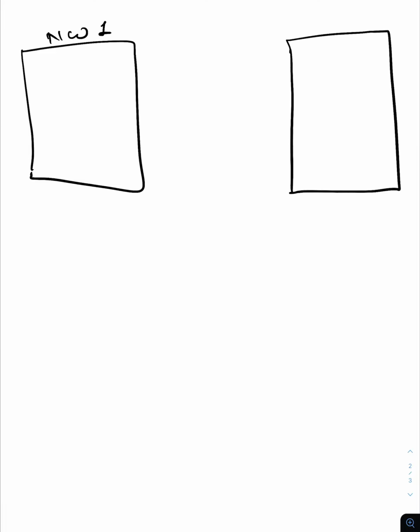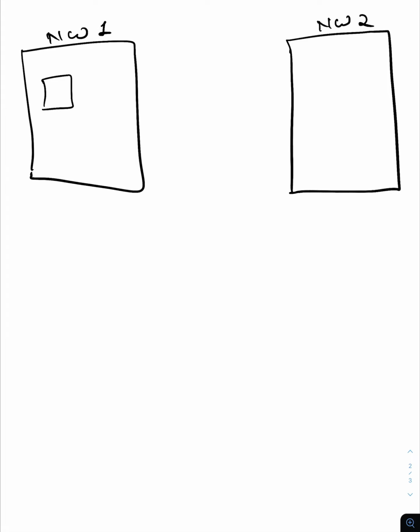I want to explain the basics of how a packet travels, or how a request goes, from one network to the other network. Your network 1 may be in one country and your network 2 may be in a different country.